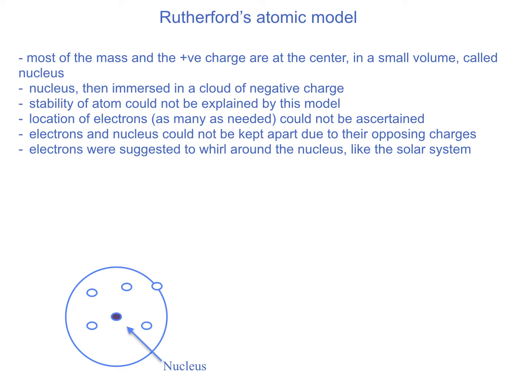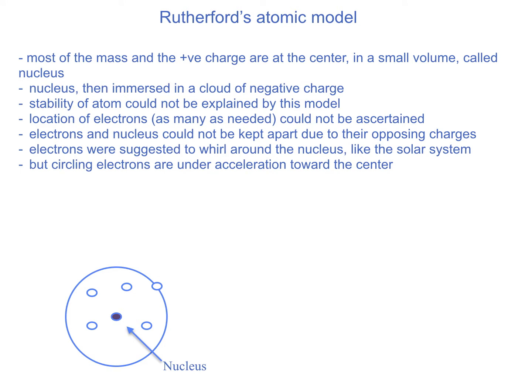Same way electrons will go around the nucleus but not fall into the nucleus because they're rotating around. So the centrifugal force will keep them apart and work against the electrostatic attraction towards the center.